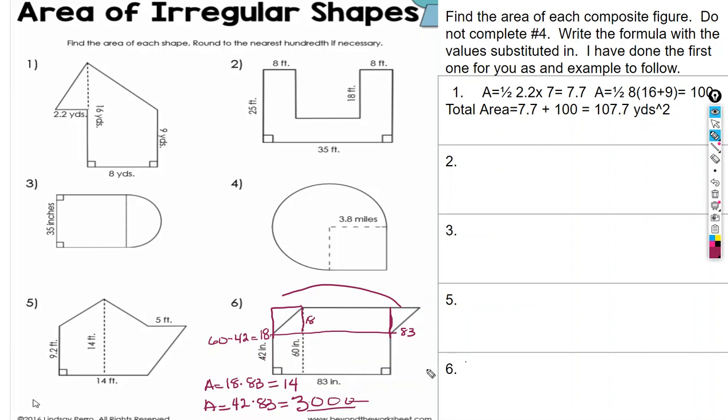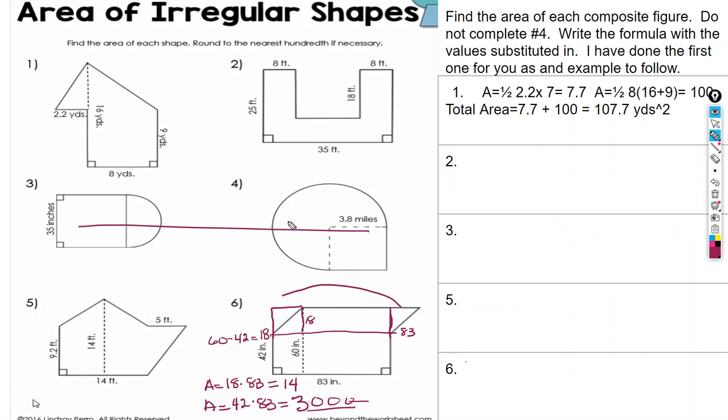So your whole goal in doing this assignment is to realize that you can break up composite figures into separate shapes that you can solve.